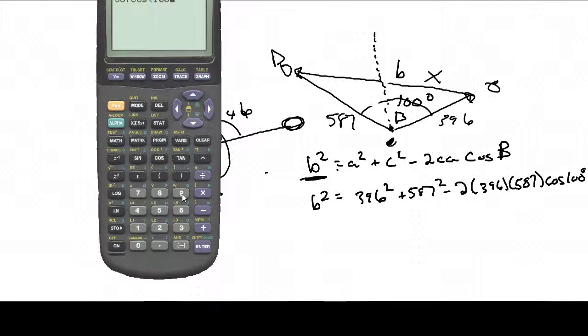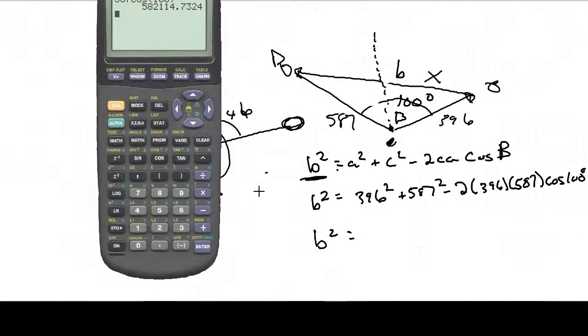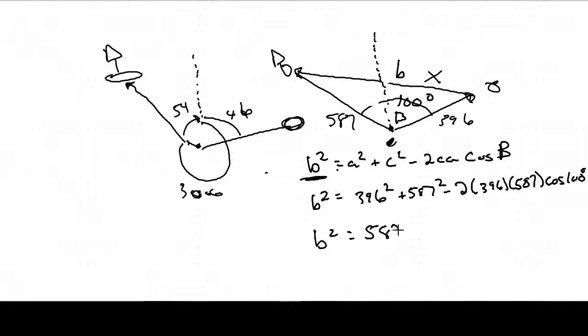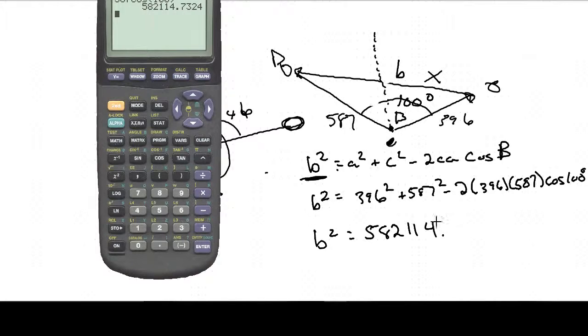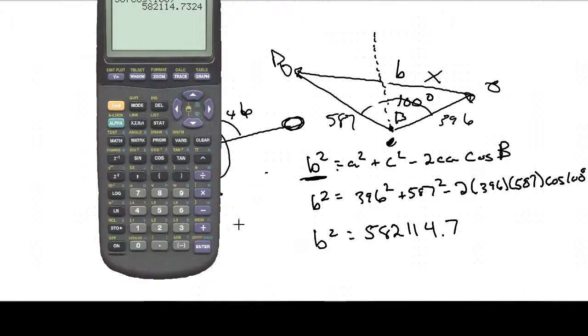Minus, okay, so we get 582,114.7. And then I'm going to take the square root of the whole thing.